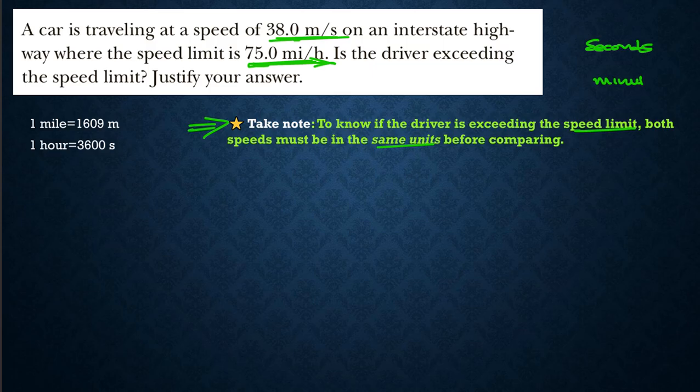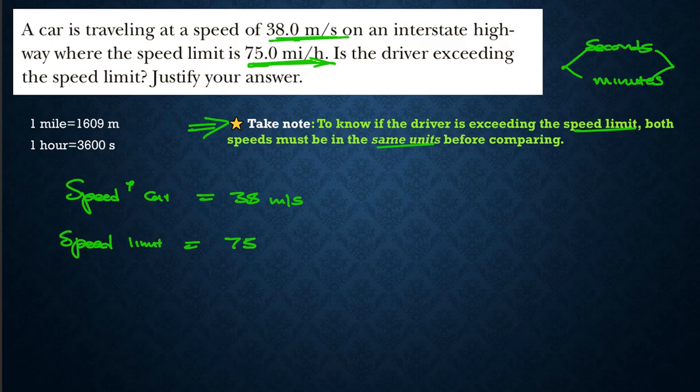For us to compare, we need to hold the time either in seconds or in minutes. In the same way, we have been given the car's speed, which is 38 meters per second, and the speed limit, which is actually in miles per hour.